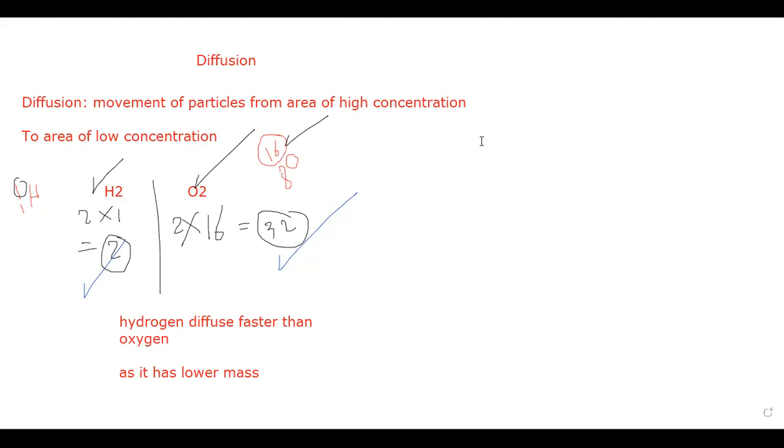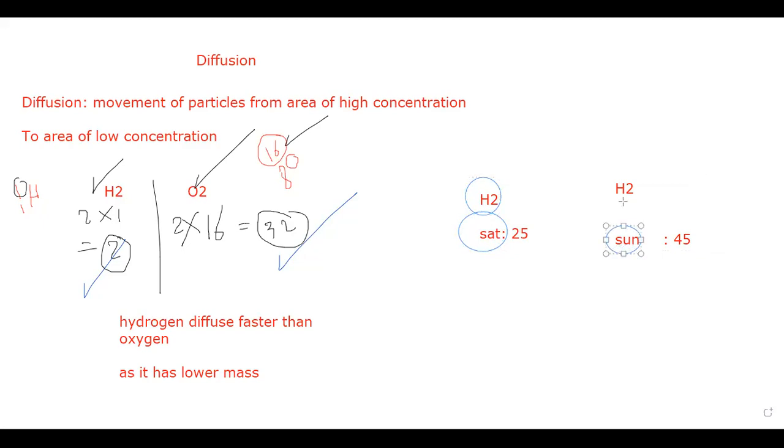So, for example, if I have hydrogen gas on Saturday at 25 degrees Celsius, and I have hydrogen gas on Sunday, but today the temperature is 45 degrees Celsius. On which day will diffusion of hydrogen be faster? On Saturday, I have hydrogen.